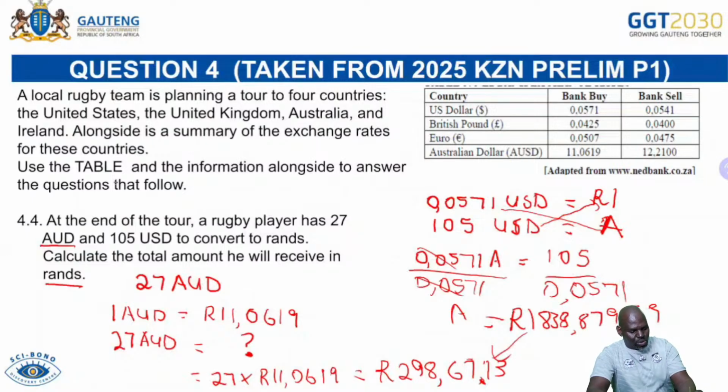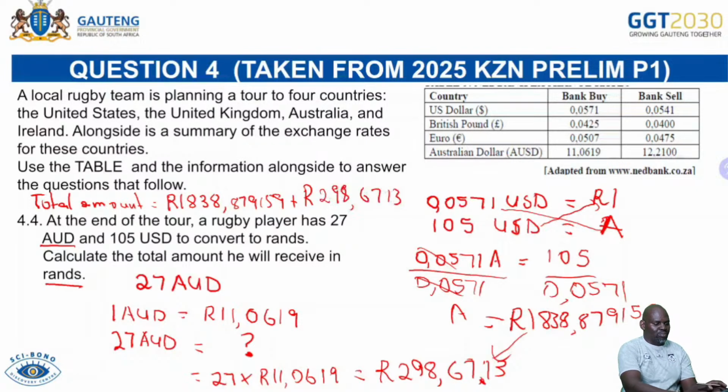For the sake of space, I'll say the total amount equals 1,838,87915 plus 298,6713. So I just add them together.